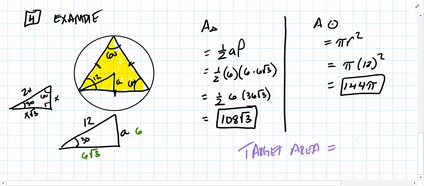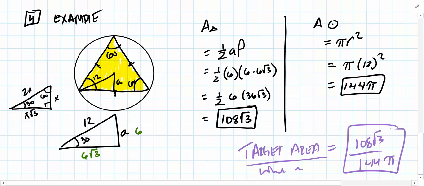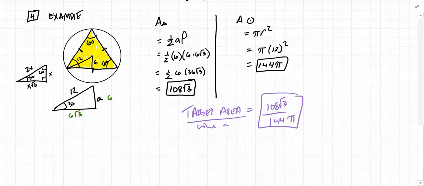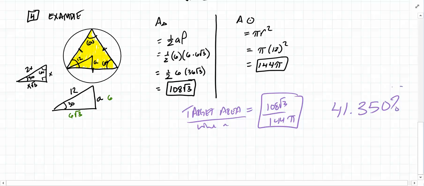The whole area is the area of the circle, which is 144 pi. So that is the exact answer. We need to run that through our calculator to get a percentage, and you should come up with 41.350%.